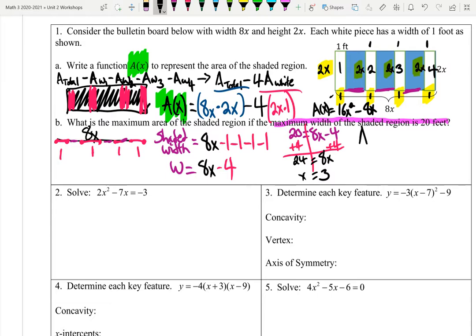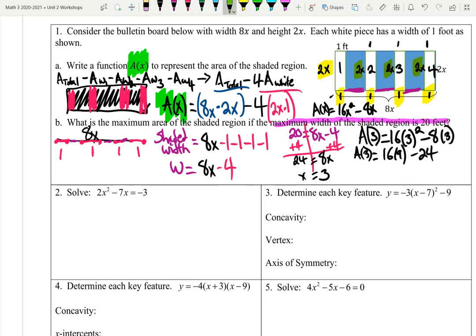So A of 3, because that's what I just discovered, is going to be equal to 16 times 3 squared minus 8 times 3. What will the area of the shaded region be? Well, 16 times 9, and then 8 times 3 is 24.